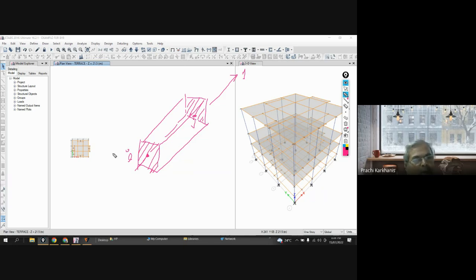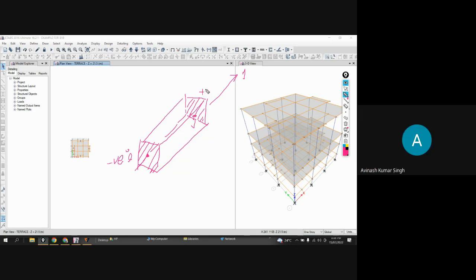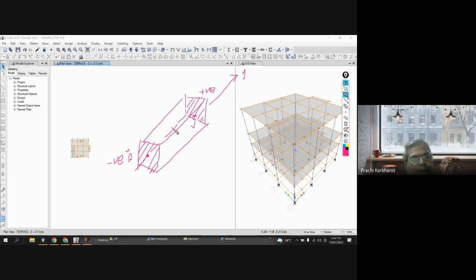Now I will call this surface the negative surface and this surface the positive surface, and I will have a neutral point somewhere over here. So this is my 0. On this side it is negative, on this side it is positive, because positive is towards the right.